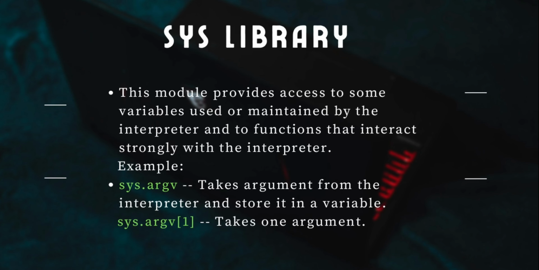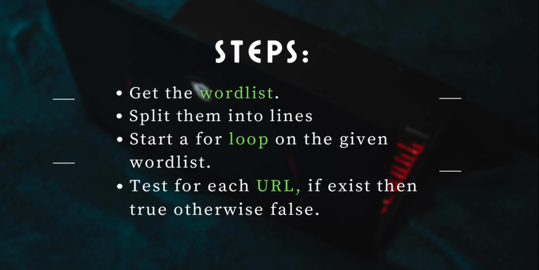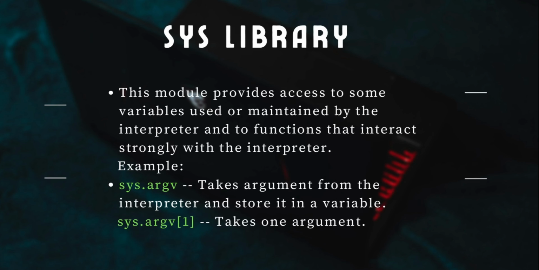The Python script will read the word list, split it line by line, and start a for loop on each line. The URL will get changed by the words available in the word list, and then it's going to send an HTTP request to that website and check if it is a 200 OK or not, and according to that it will give us the result.